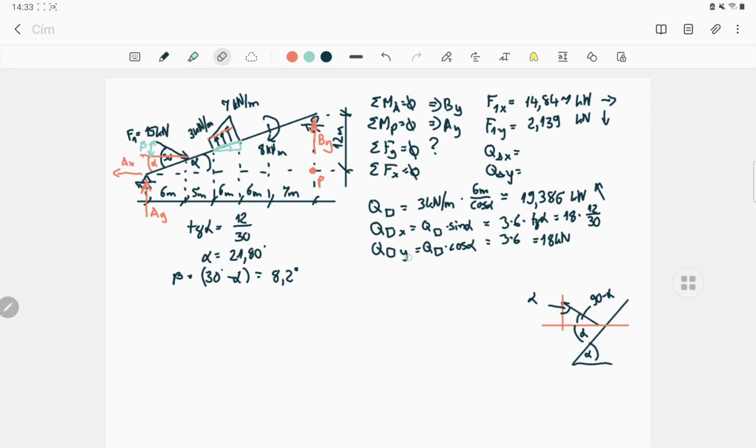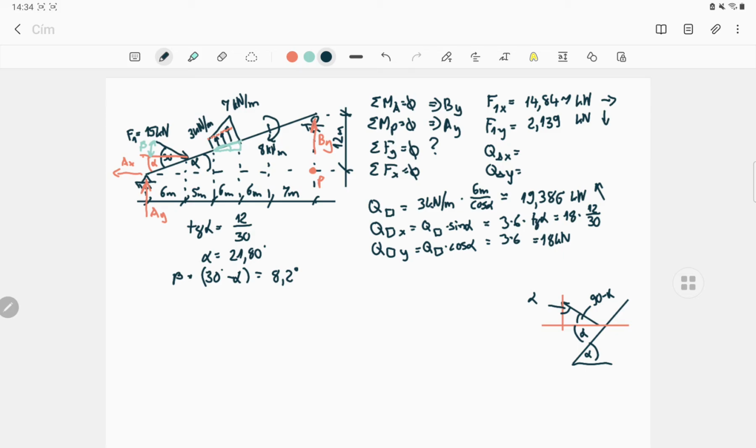If you want to know the y component, the vertical component of the distributed force, multiply the right value with the horizontal distance, so only with the 6. Here, this is 3 kilonewton over meter, multiply with 6 meter. So just the horizontal. Why? Because the cosinus won't be there at the end. And if you want to know the x component, just use the y component, 18, and multiply with tangent alpha.